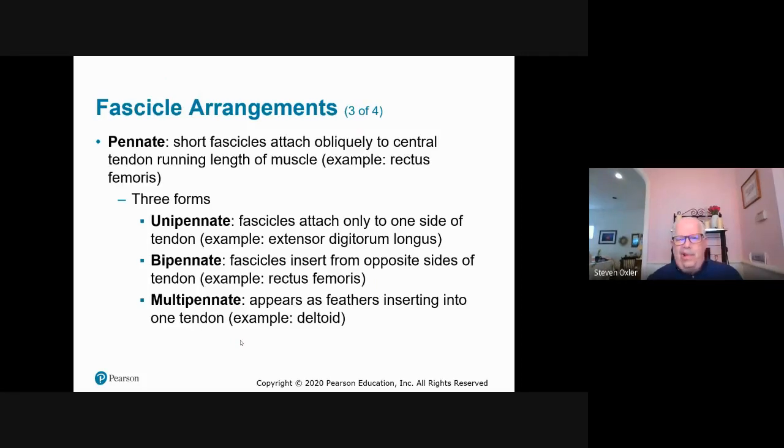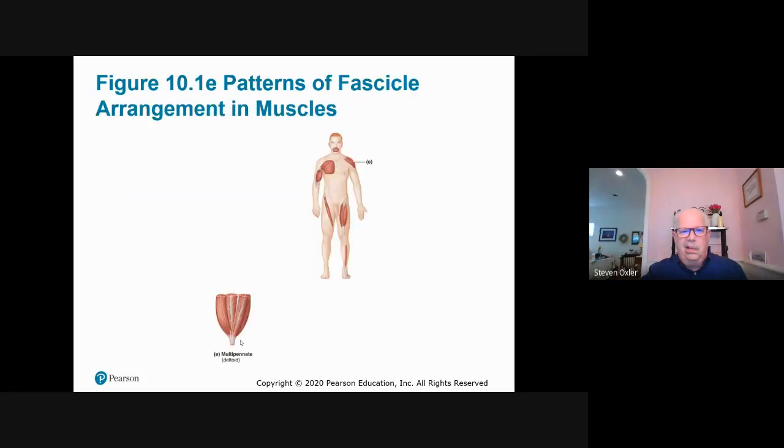Pinnate, you don't really have to know the three forms. That's not important. What you should know about pinnate is that there are short fascicles that obliquely run across the central tendon of the muscle. These muscles look like flags. And the number one example of a pinnate muscle is the rectus femoris in your leg.